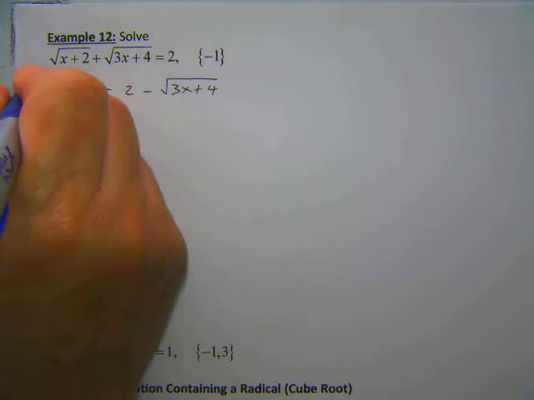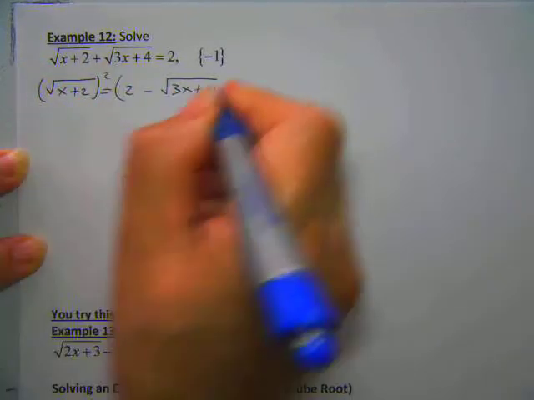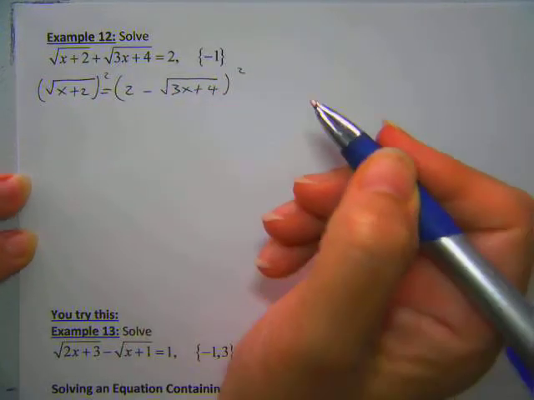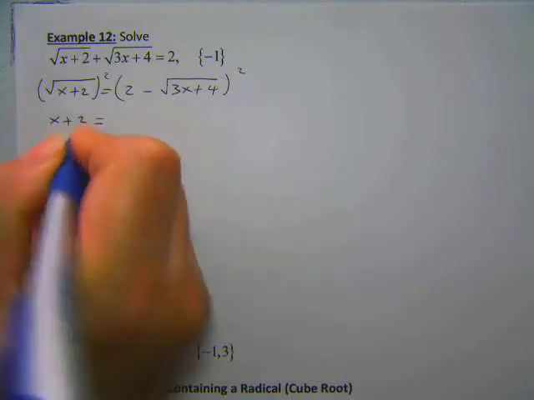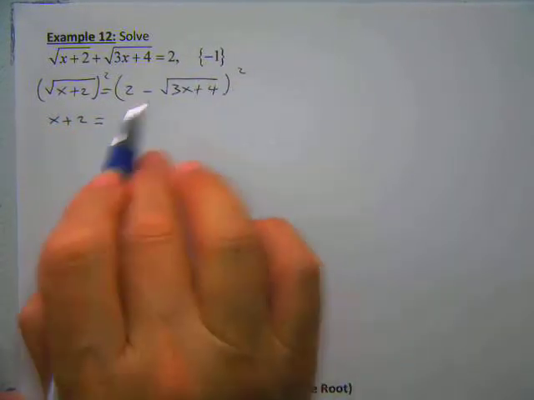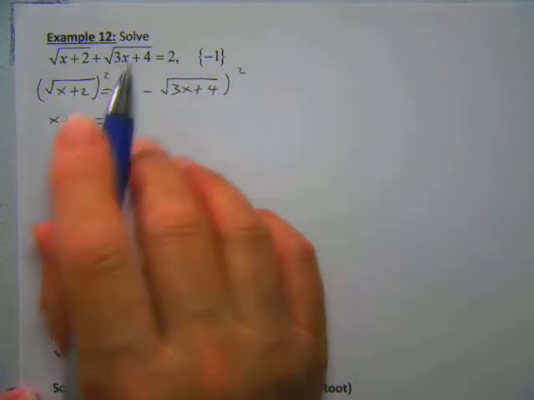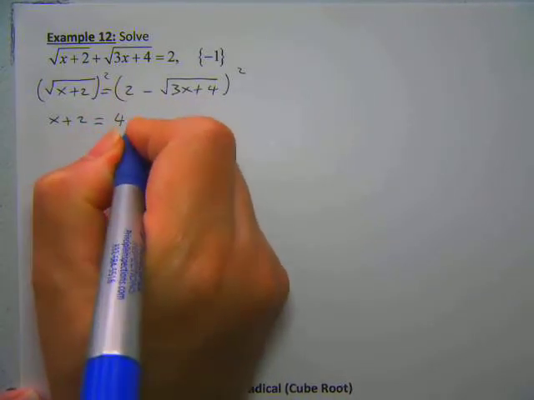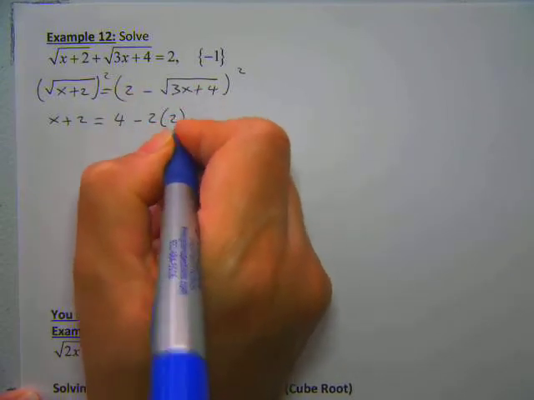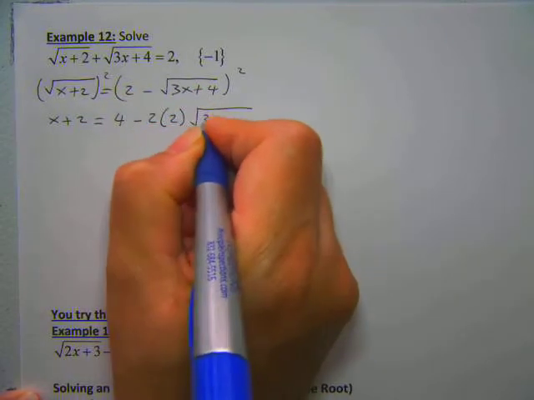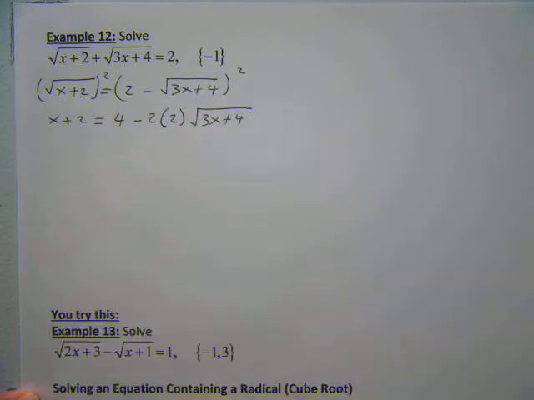Now we have to square both sides. So squaring a square root, you're going to get x plus 2 is equal to, again, squaring the binomial, guys. The first term squared is 4 minus twice the product of these 2. So let me write it here in detail because this looks funny to some students. So again, it's 2ab.